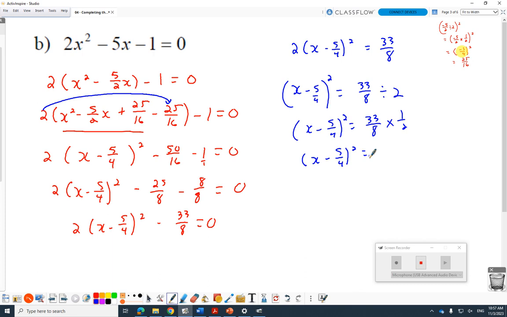Check these ones out though. Look what happens. 33 over 16. Is it possible to know that was coming? 33 over 8 becomes 33 over 16? You're just dividing these fractions by 2, so you're making twice as many of them. You don't have to understand that, but it's just interesting that that plays out the same way every time.